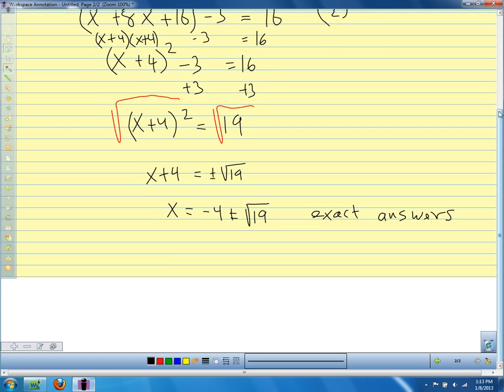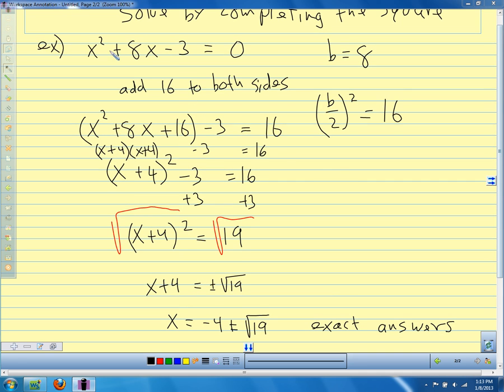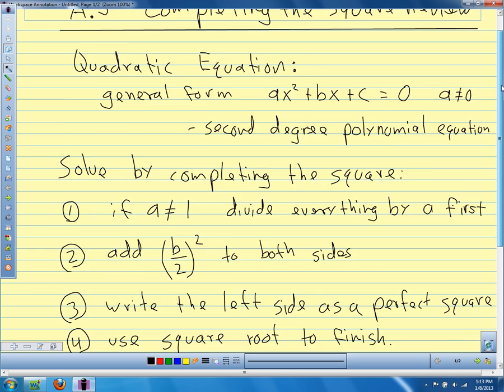And I could have put one other step in my steps to begin with. When I solve by completing the square, I can get this part by itself on one side of the equation first. So I could have added the 3 to the other side of the equation to start off with before I did all of this. So if you would like, on your steps, if you want to add that to your steps, I would put that in here.